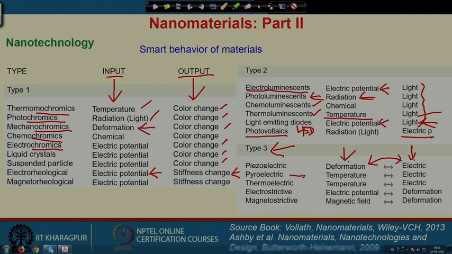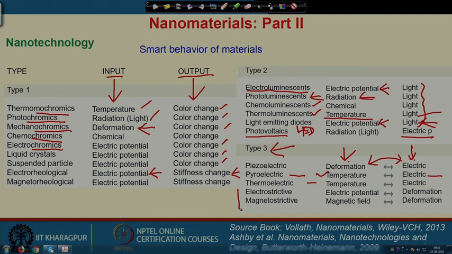Or let us say pyroelectric, this is another important one: we apply temperature, it produces an electrical signal, or if we apply an electrical signal in the reverse way, we can increase the temperature. So, you can use it in a heating stage, or maybe thermoelectric, or electrostatic, or magnetostatic.